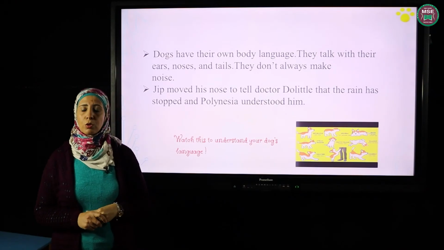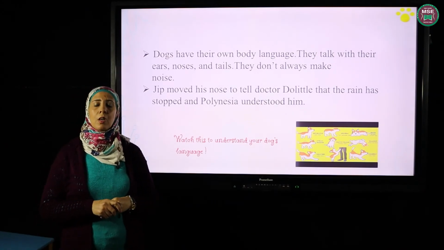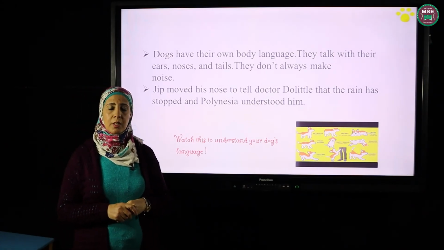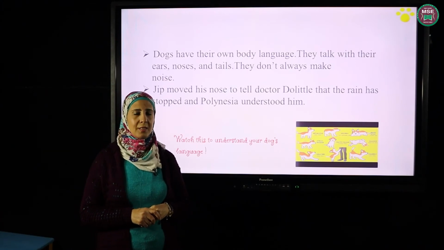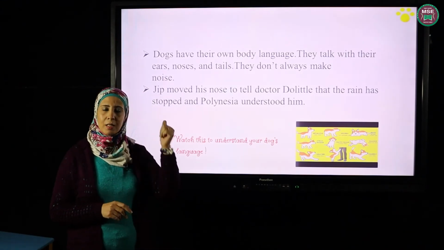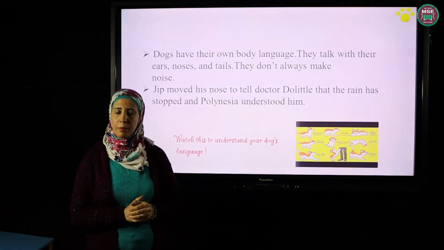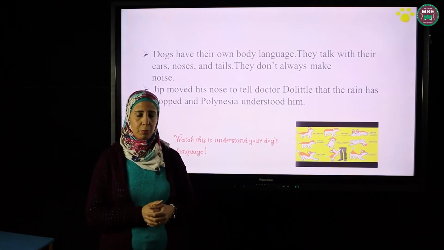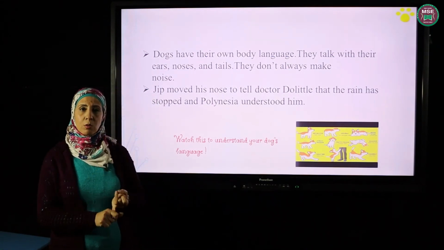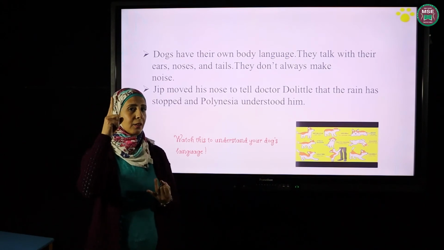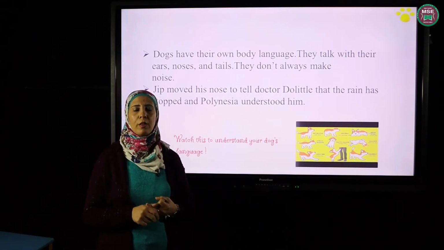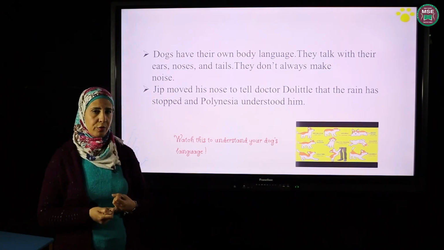Do you think Dr. Dolittle understood Jip also? Did he understand him? Yes, he did. As we said before, Polynesia taught him the language of animals. She taught him the parrot's language first, then she taught him all the animals' languages after that.